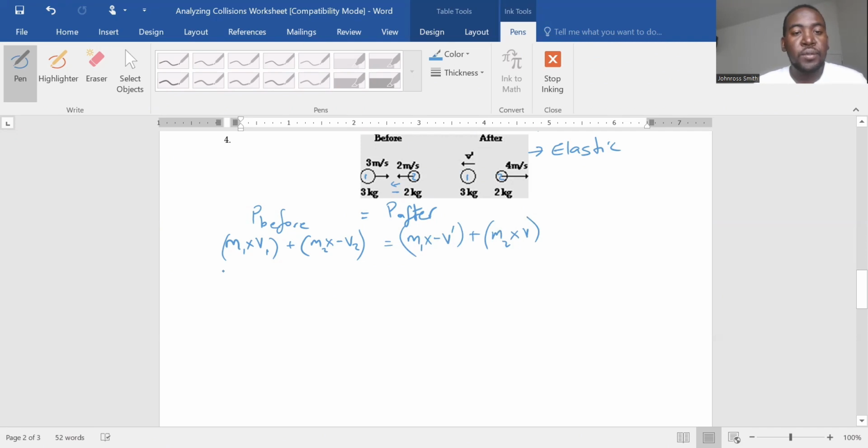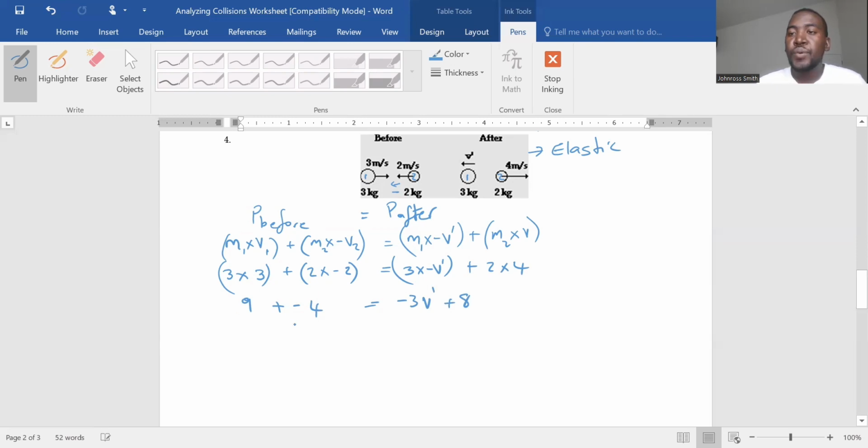So we substitute: 3 times 3 plus 2 times negative 2 equals 3 times negative v' plus 2 times 4. So this becomes 9 plus negative 4 equals negative 3v' plus 8.